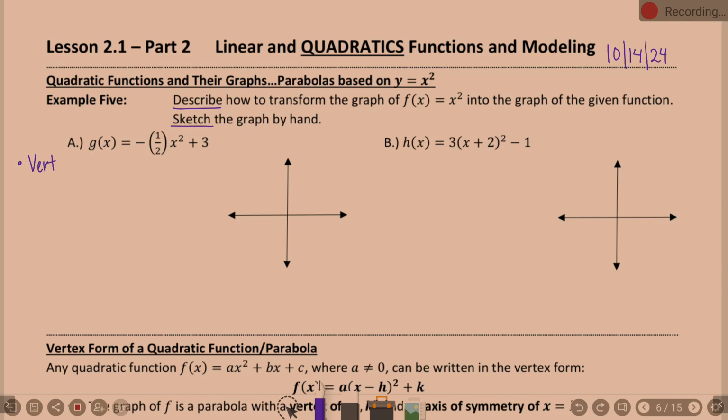There's a vertical shrink by a factor of 1/2.